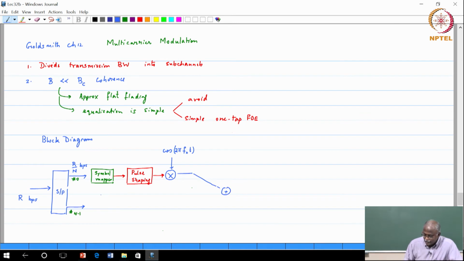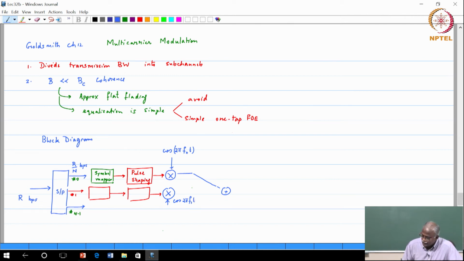The second branch, branch number 1, would go through a symbol mapper, then a pulse shaper, and then you would have a second carrier which would be cosine 2 pi f1 t.